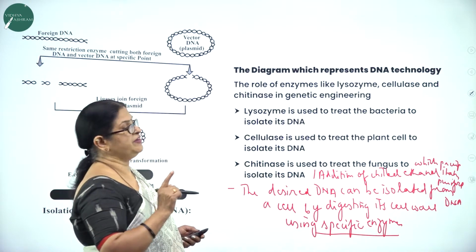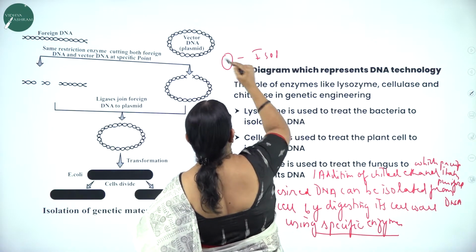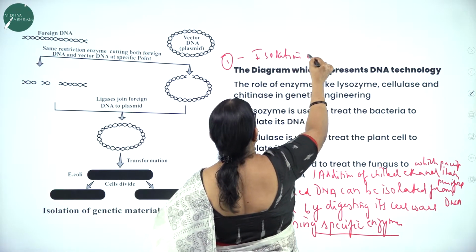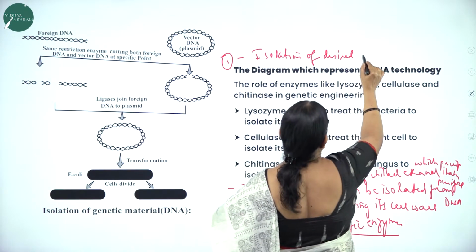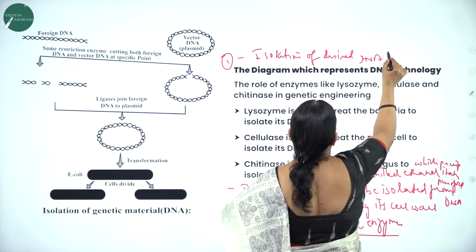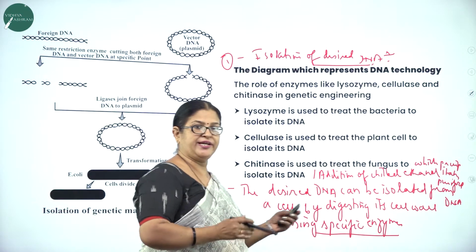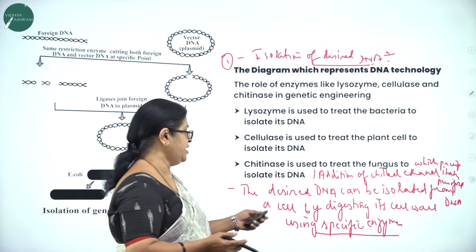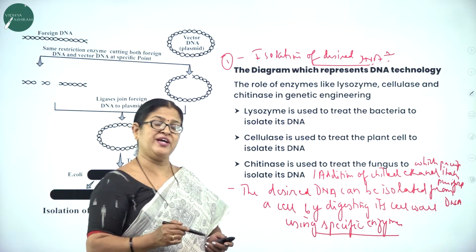So what is very important here? Isolation of the desired DNA. Here the desired DNA can be isolated. What do you mean by isolation? Separated from a cell by digesting its cell wall using specific enzymes.